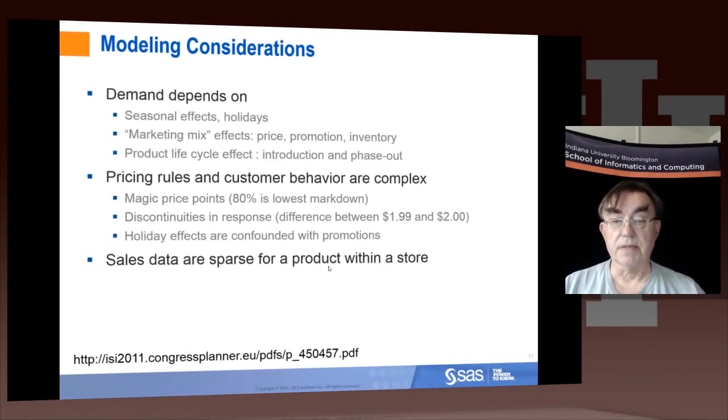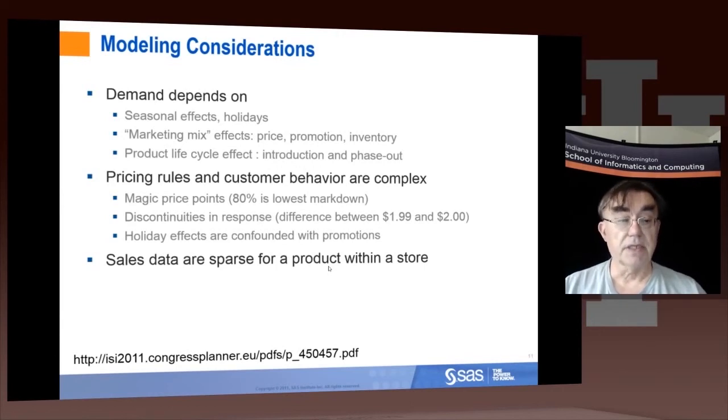And here are some rules of thumb, such as 80% is the lowest possible markdown. And also these psychological things like $1.99 is a lot less than $2 in people's minds. And also you have to disentangle various competing effects.